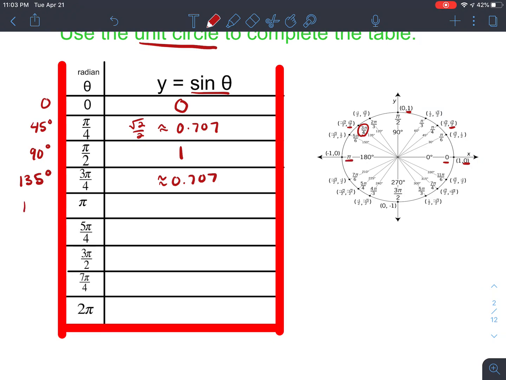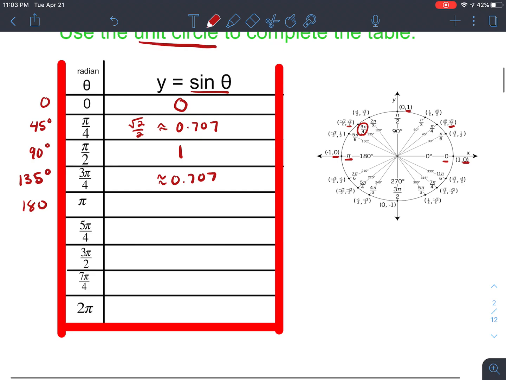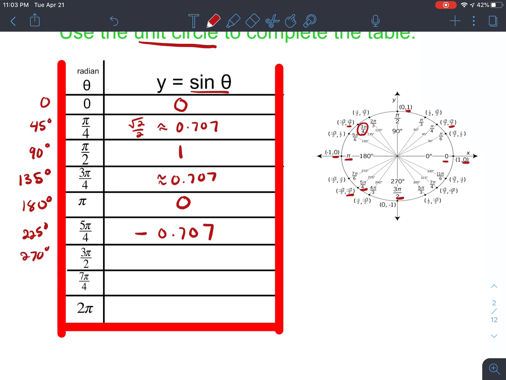Now we get to pi. Pi we know is 180. My y value at 180 is 0. 5 pi over 4, which is 225, as you can see on your unit circle. That's going to be a negative 0.707. Okay, and 3 pi over 2, which is 270.